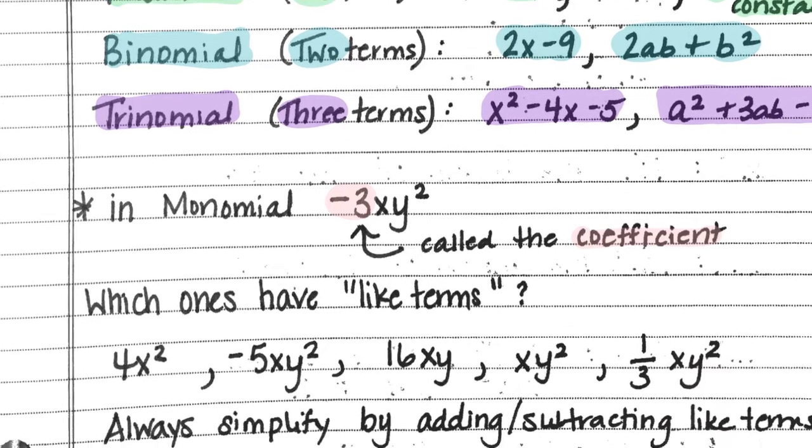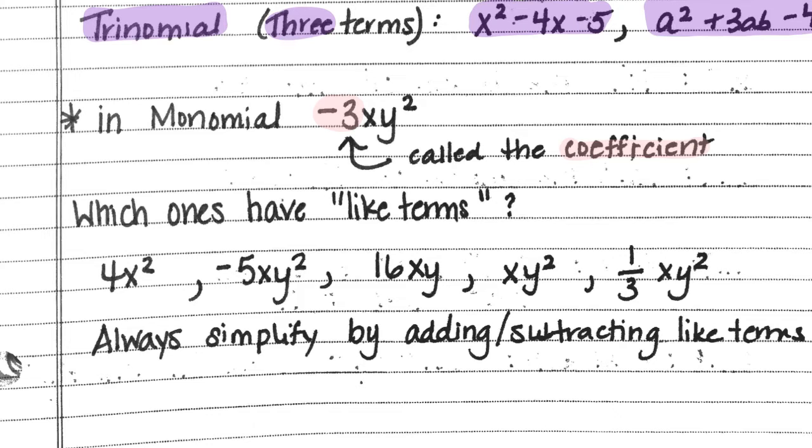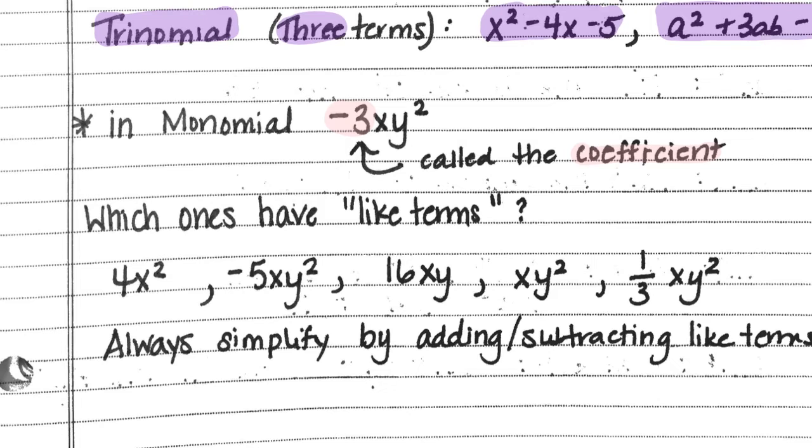So the next thing we have to decide is which ones have like terms. Notice I have an x squared here, and I don't think there's another x squared anywhere else. Well, that one's all alone. What about an xy squared? Is there another xy squared? And another xy squared.